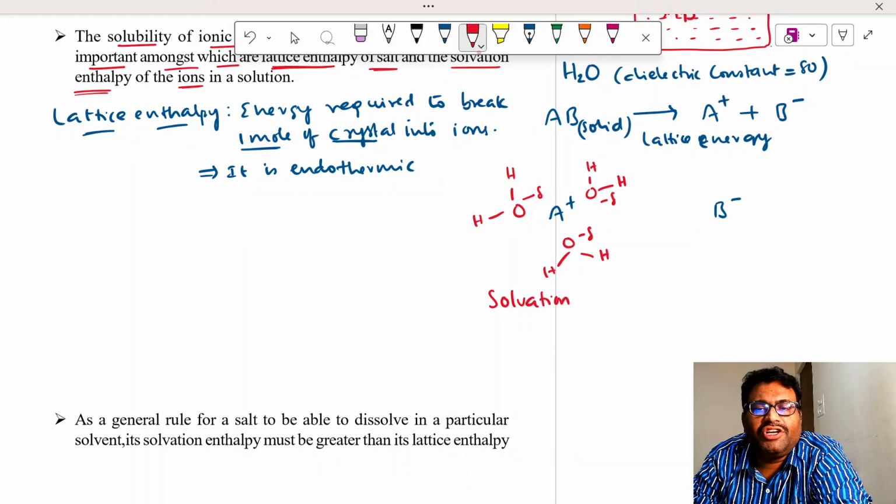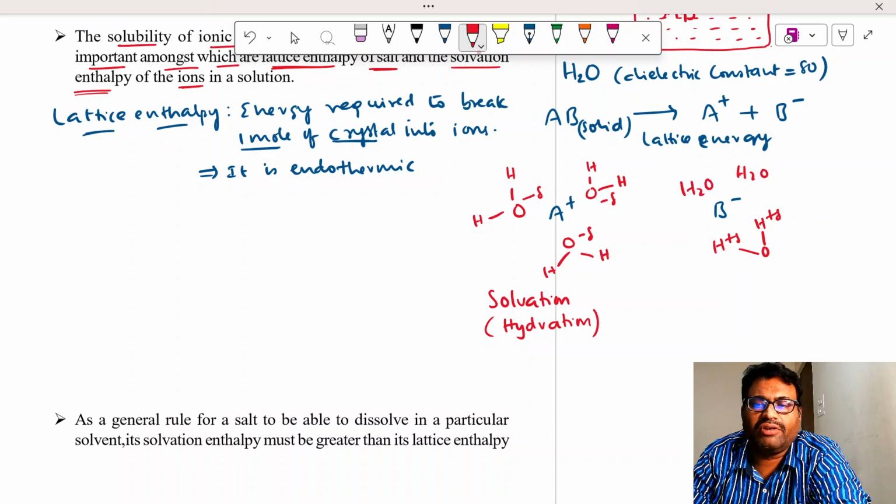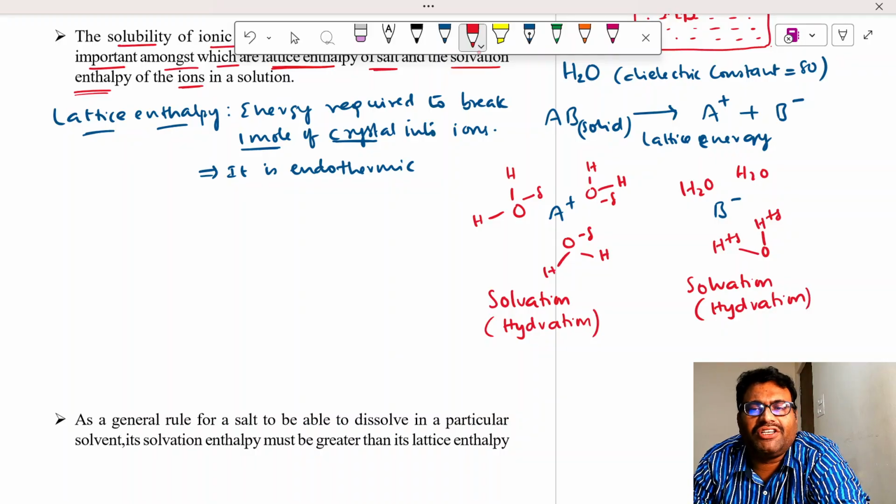When the solvent is water, we call it hydration. If any other solvent surrounds the ion, it is called solvation.